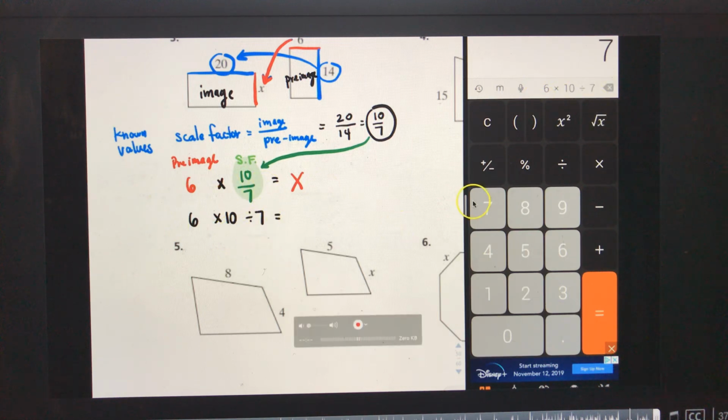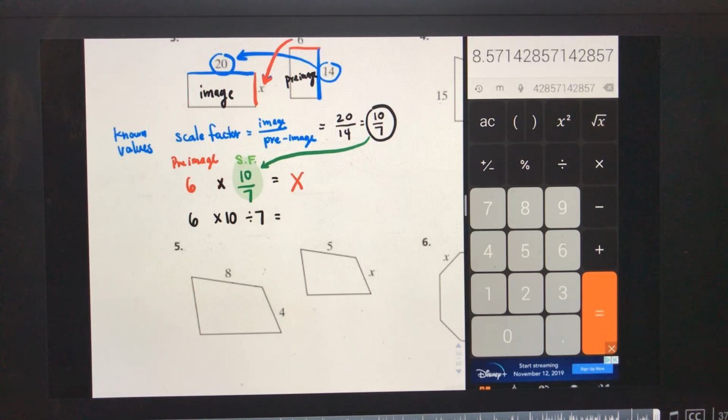And that's how you enter it into the calculator. Right here. 6 times 10 over 7. Okay, and we get 8.57. So we now know that x is equal to 8.57. Okay. X equals 8.57.